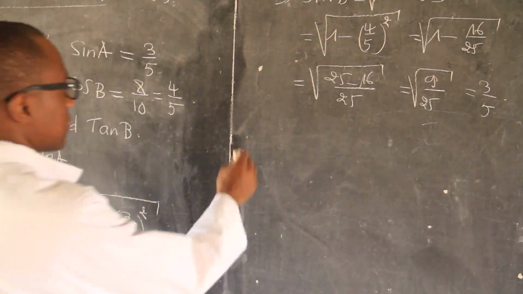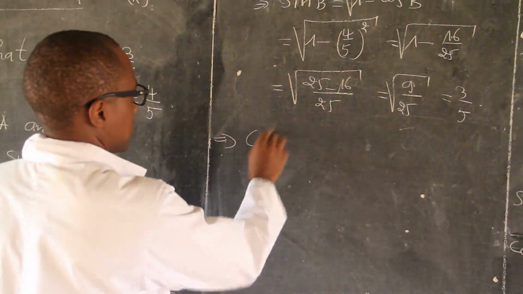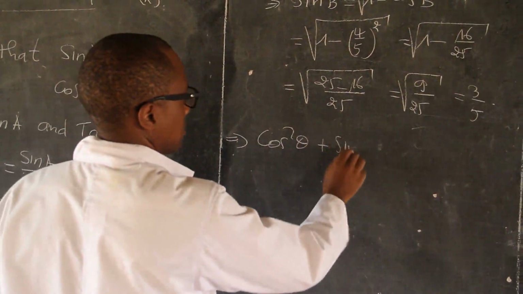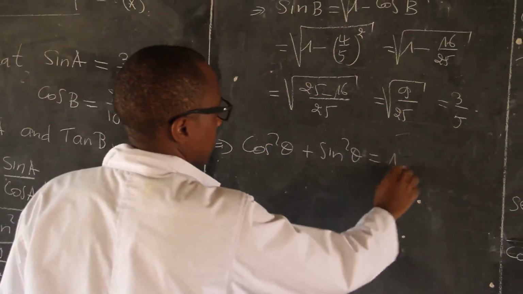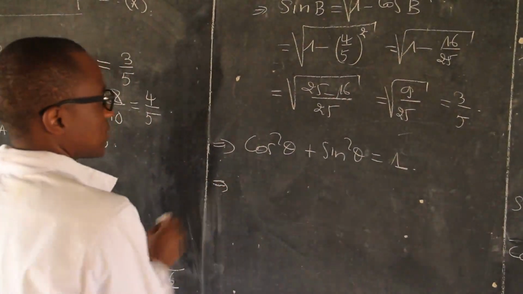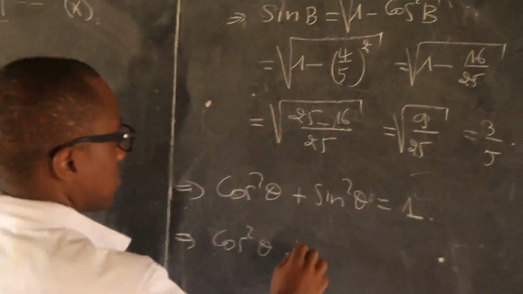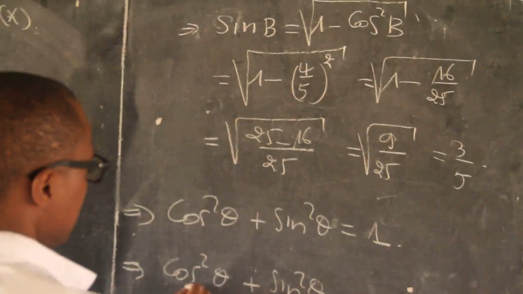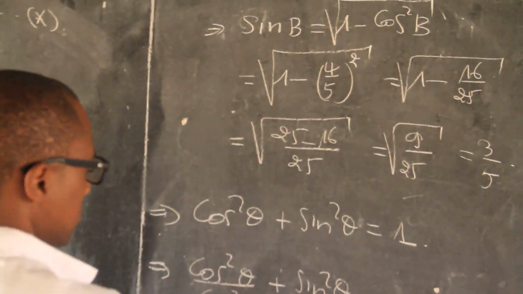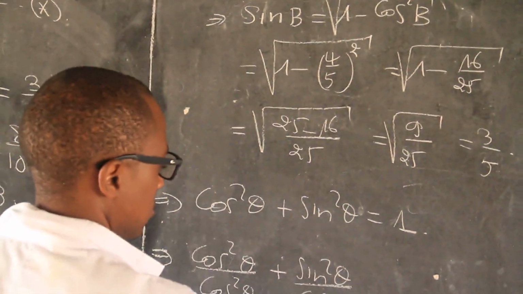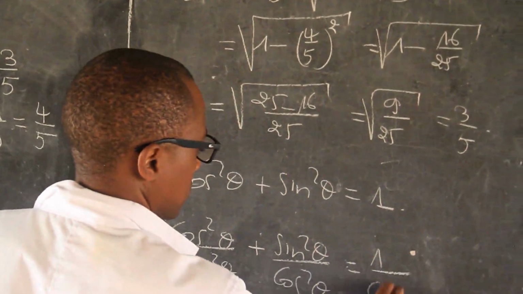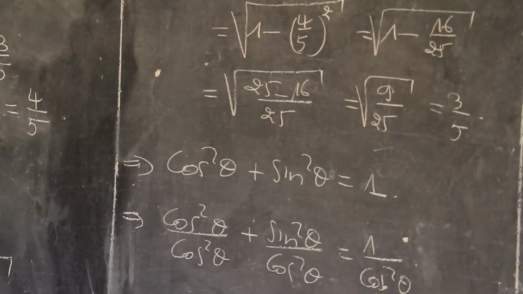So we can get another formula from this. Cos squared theta plus sine squared theta is 1. Once I divide both sides by cos squared, what happens? Cos squared over cos squared plus sine squared over cos squared equals 1 over cos squared. I think that there is no mistake.